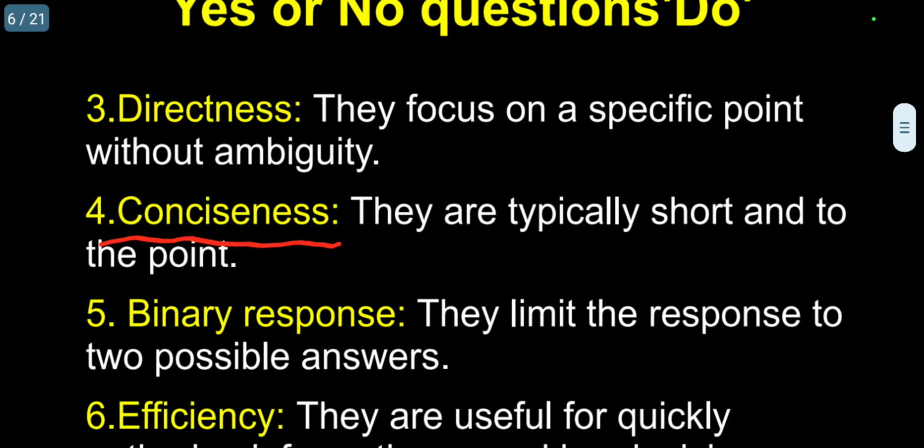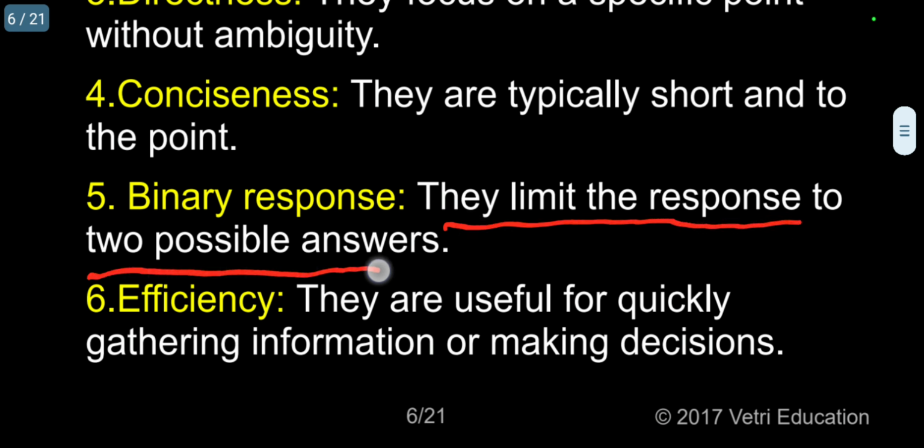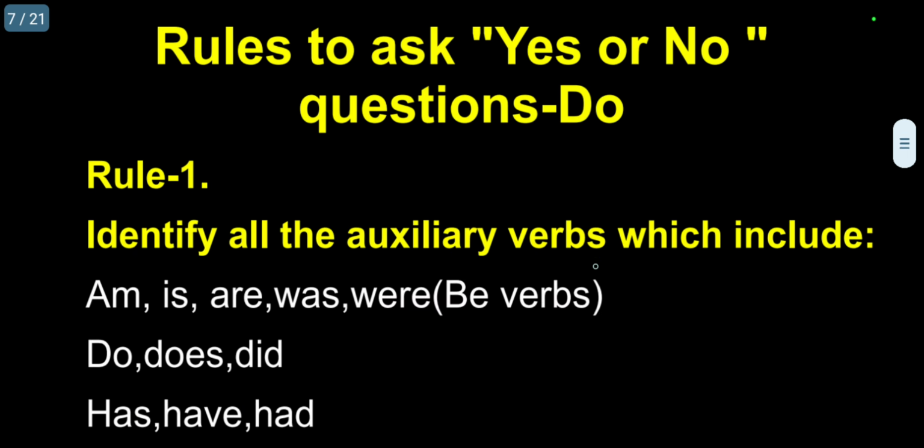They are typically short and to the point. Number five, binary response. They limit the response to two possible answers, that is, yes or no. Lastly, efficiency. They are useful for quickly gathering information or making decisions. So that is the characteristic of yes or no questions.